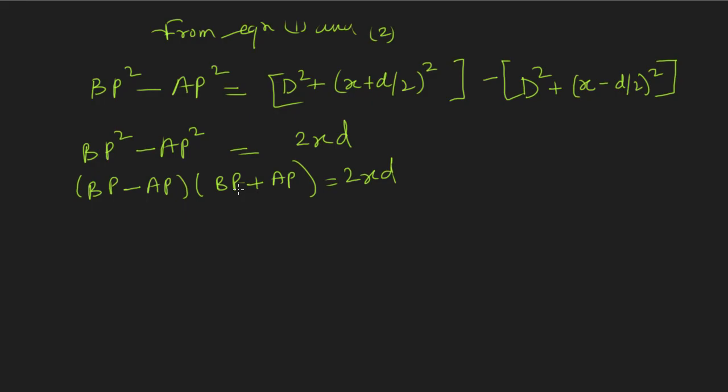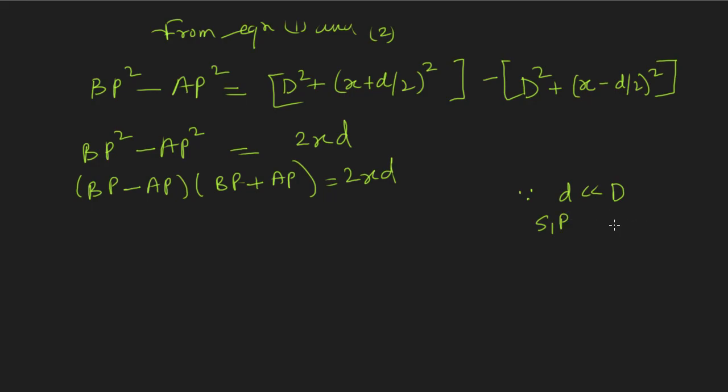Now, because the distance between two slits, again I can use the same approximation, that the distance between two slits is very small compared to the distance between the source and the screen. d is very small compared to D, so I can take my rays parallel.